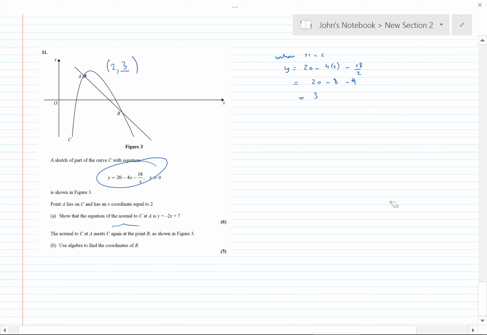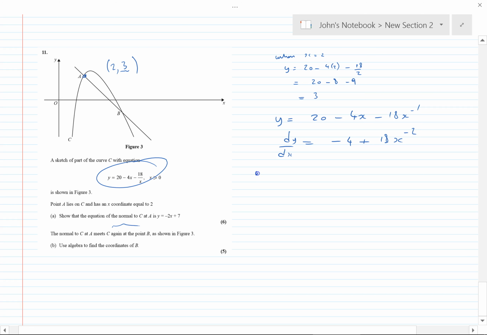Now let's differentiate that. We've got y equals 20 minus 4x minus 18x to the minus 1. dy by dx, the 20 disappears. Minus 4x differentiates to minus 4. Minus 18x to the minus 1 times the minus 1, so we get plus 18x to the minus 2.